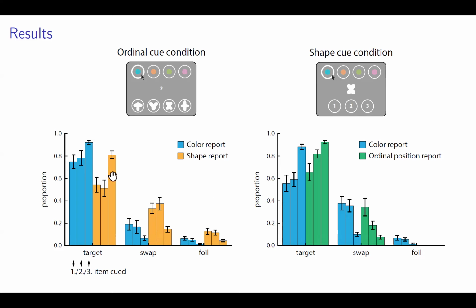We also found that the ordinal queue was easier, in that people were better in the color report with the ordinal queue than with the shape queue, which would be consistent with the binding via ordinal position or via time, but is not very conclusive yet.